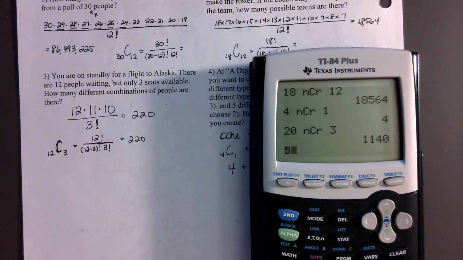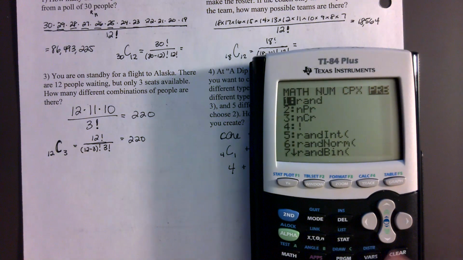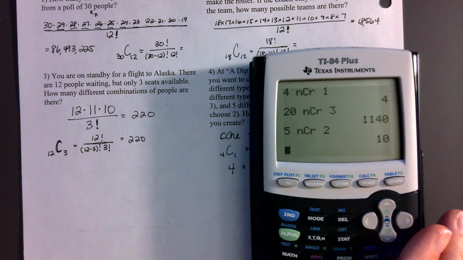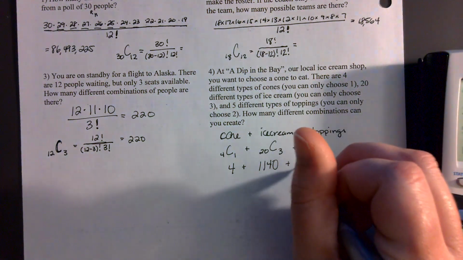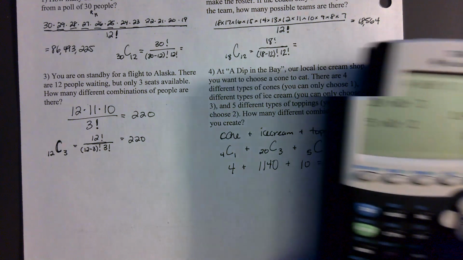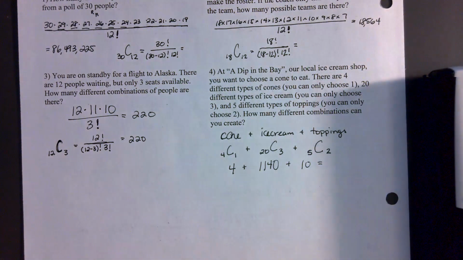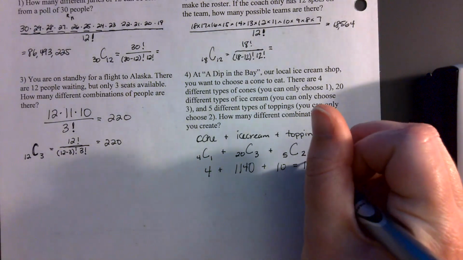And then we also have 5, and we're choosing 2. So we have 10 options. We add those together, so we take 4 plus 10, and we get 1,154 options.